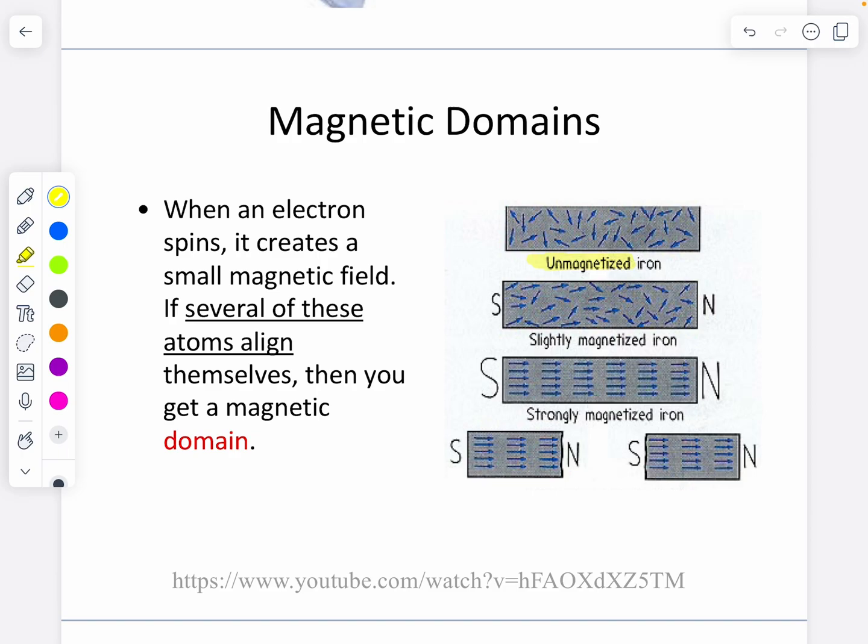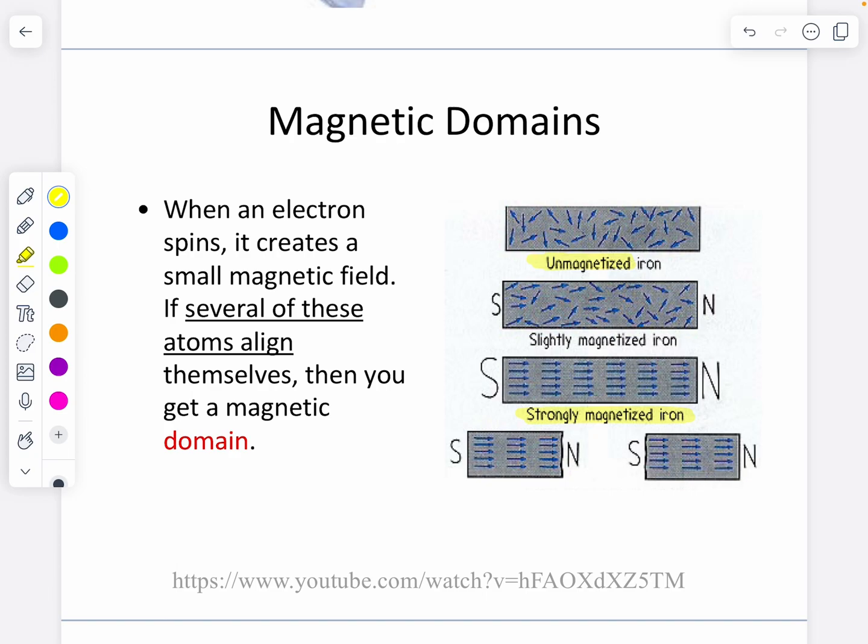So when we look here at this strongly magnetized iron, what we see now is that all of the arrows are pointing in the same direction, indicating that the electrons for all of those atoms are moving along the same route now. They're all in the same path, or they're moving, what we like to say, in the same direction.